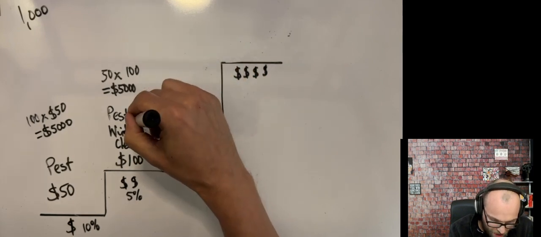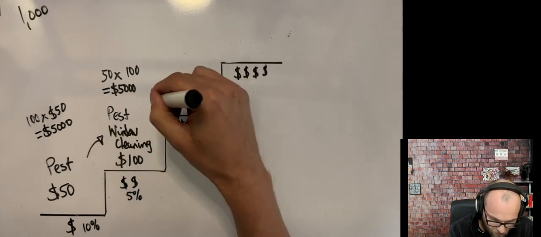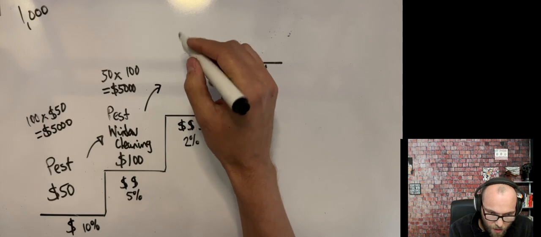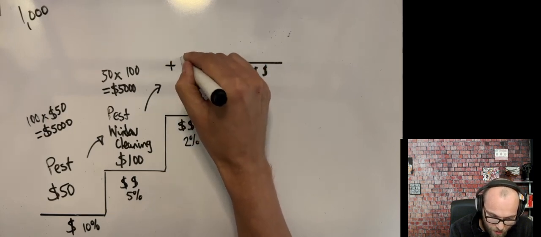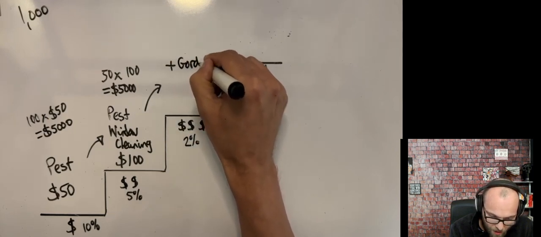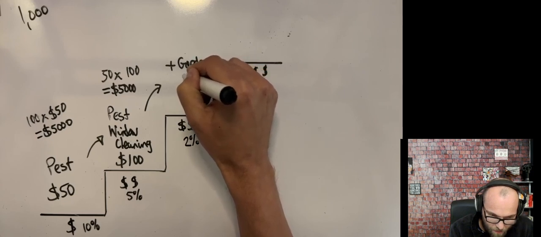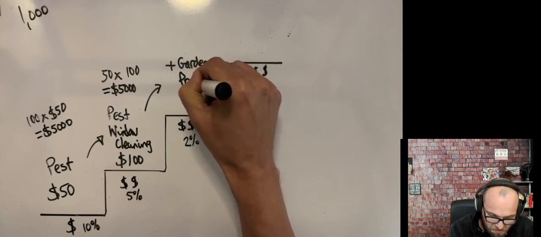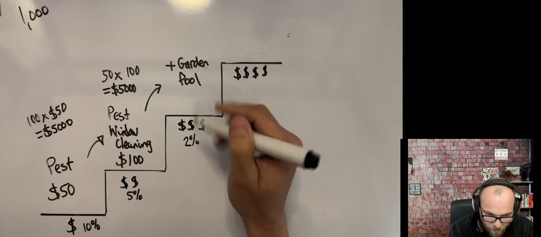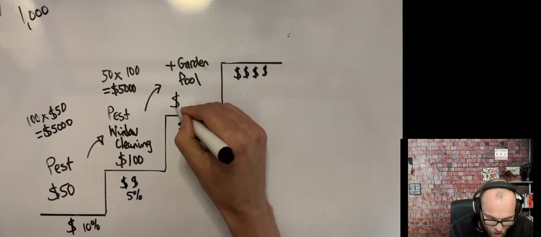So we could offer the same services here, but we could do plus. We could give garden maintenance, and let's say we could clean the pool. For this is quite a big jump.